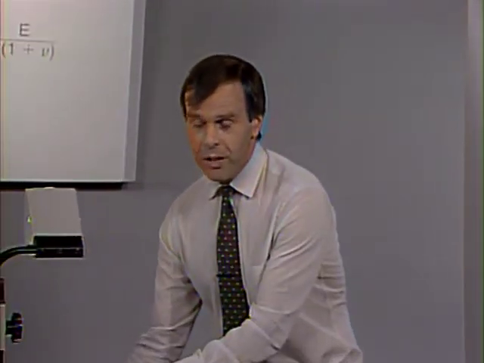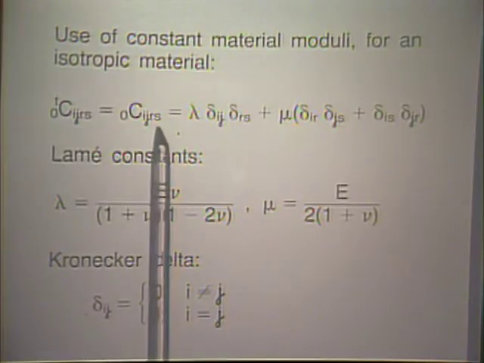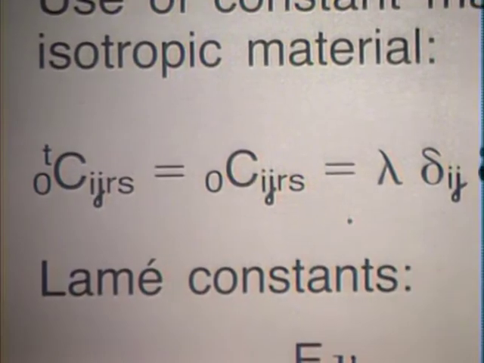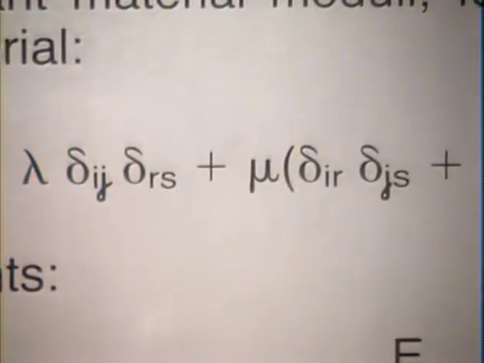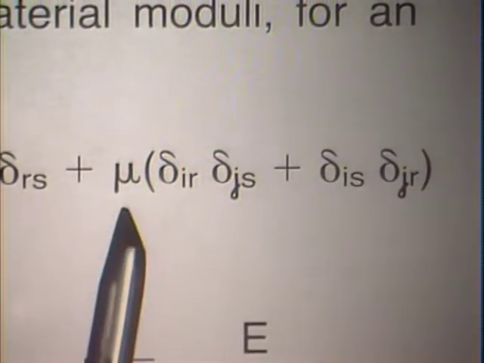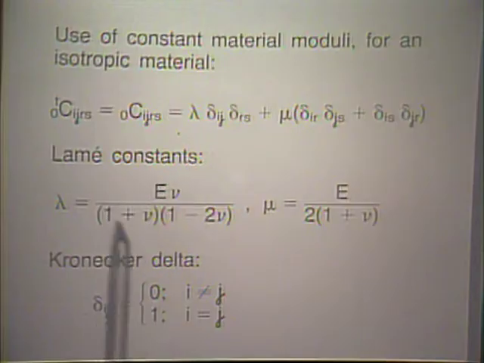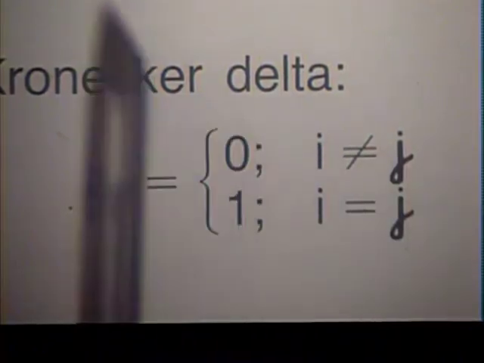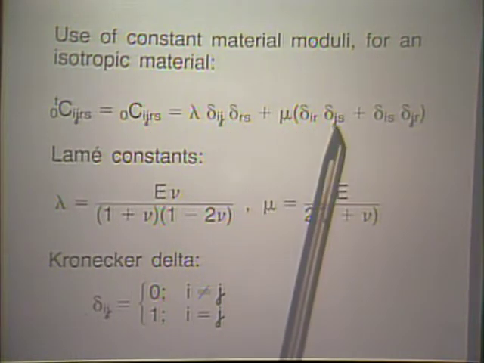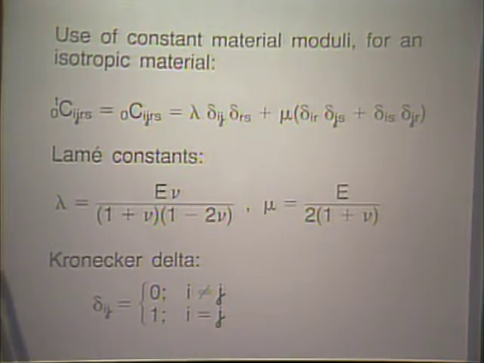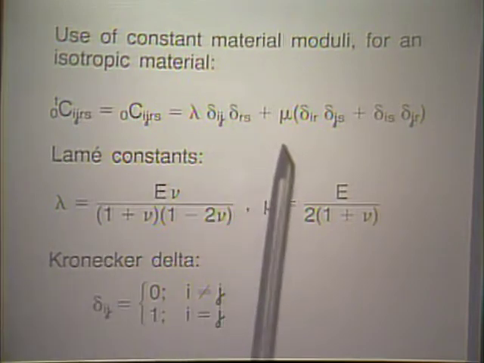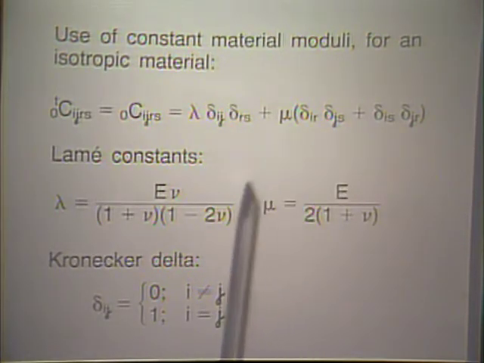The use of the constant material modeling means, for example, for an isotropic material that we use these matrices given via this relationship here. Notice lambda and mu are the Lamé constants that you're probably familiar with, and delta ij is the Kronecker delta, defined as shown down here. These are the same constants that are used also in linear analysis, so no new parameters are introduced here.